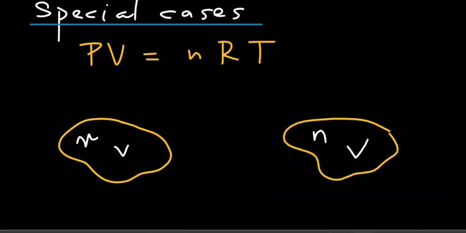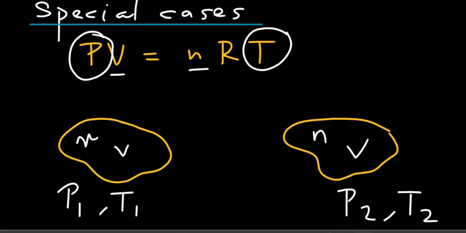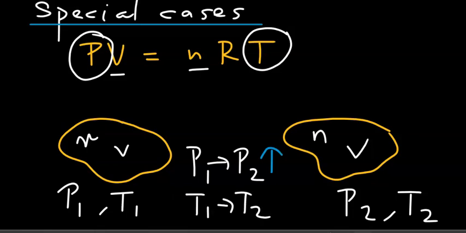Next, if I were to fix the volume and the number of moles of the gas, and now change the pressure and the temperature of the gas sample, let's say initially the pressure is P1, I change the pressure to P2, then the temperature would also change accordingly from T1 to T2. If the pressure is increased from P1 to P2, then the temperature would increase from T1 to T2 accordingly, and vice versa.